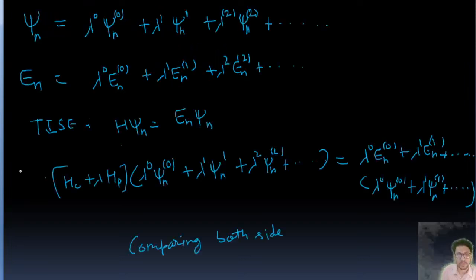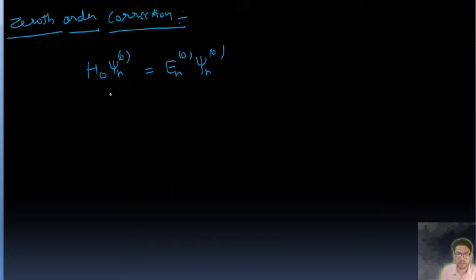So that is going to be H naught psi n naught equal to En naught psi n naught. We have compared the powers of lambda, right? So this is H naught psi n naught equal to En naught psi n naught.